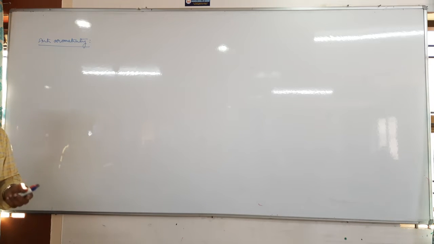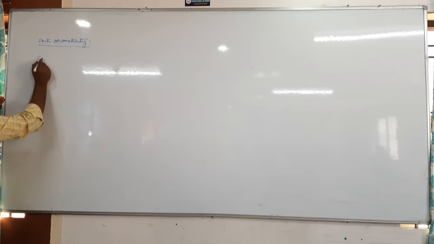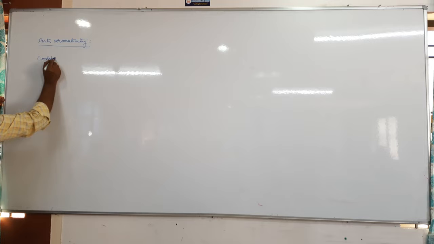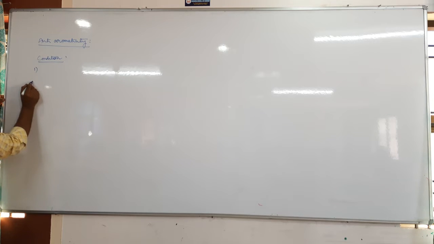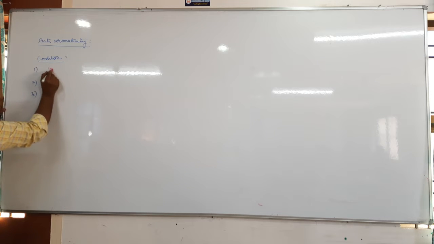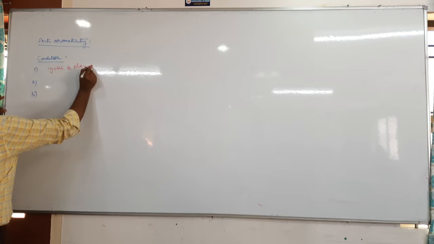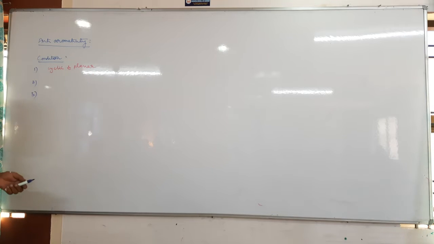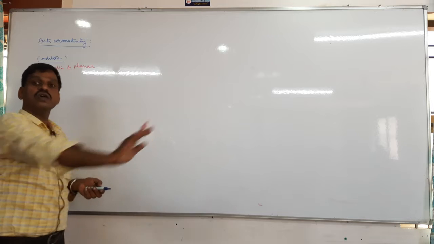Next, what are the conditions for anti-aromaticity? There are three conditions. The first two are the same. The first condition: the molecule must be cyclic and planar. Planar means all the atoms of the molecule lie on one plane.